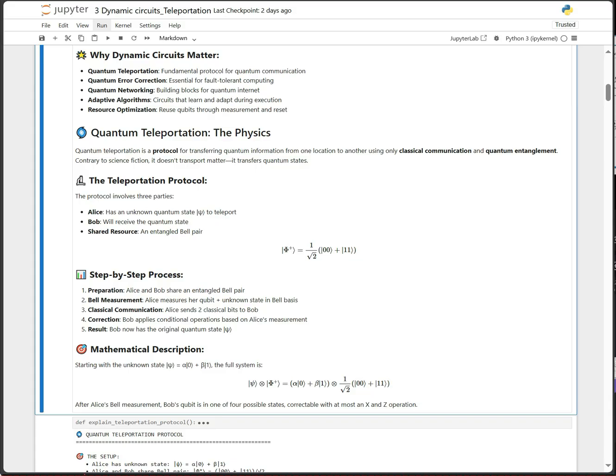And you're never going to transport any kind of energy or information faster than the speed of light, because to get that information you need to send it through a classical channel.